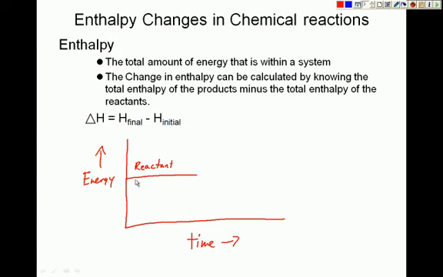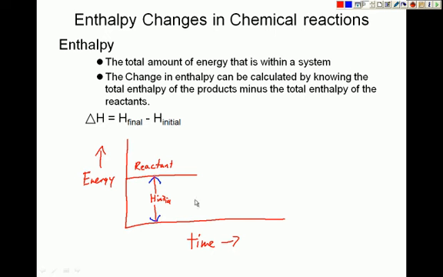So right here, this number, if I were to draw it right like this, would be our H initial. It is the enthalpy that we have at the start, from right here to here.